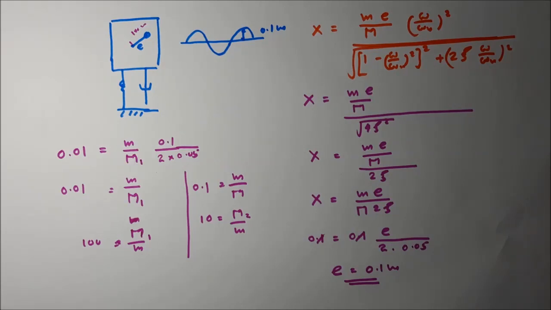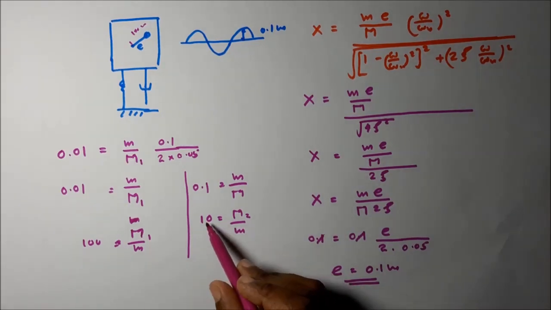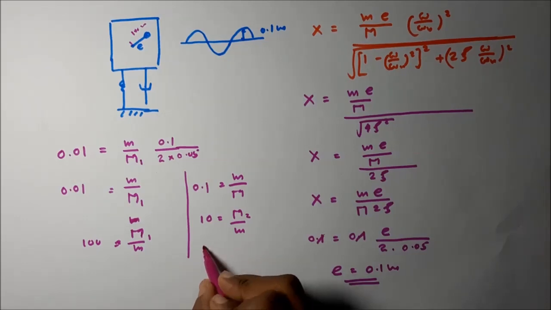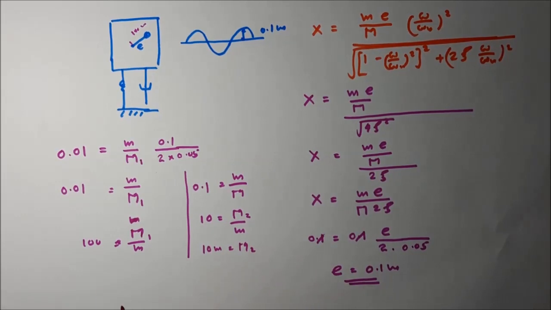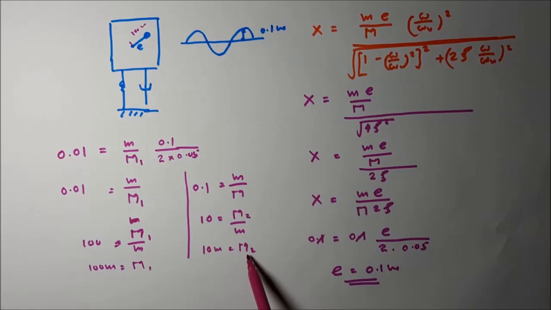What kind of mass do we have to add? In this situation, 10 m is equal to m2, and 100 m is equal to m1. We have 10 m mass for m2, so how much do we have to add?